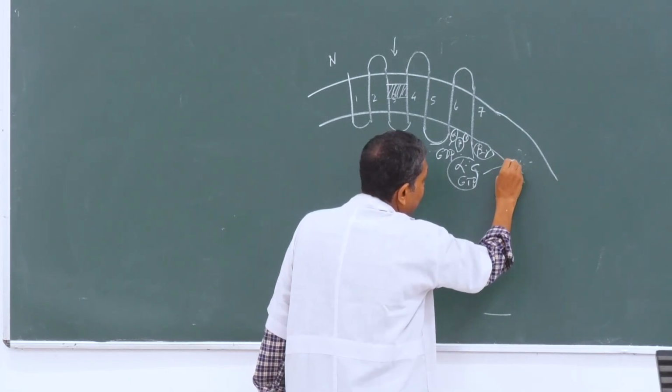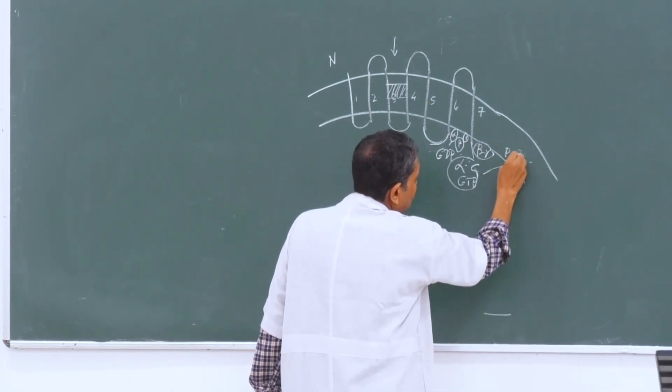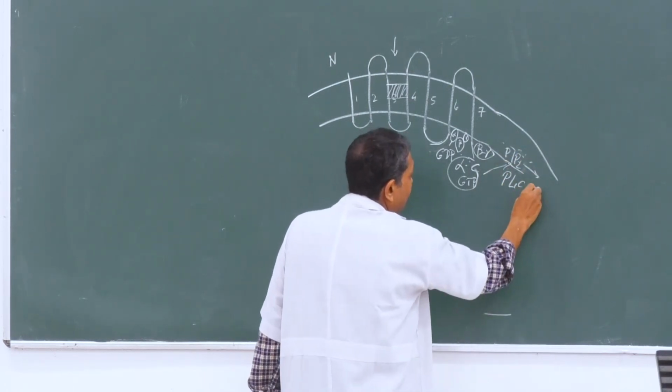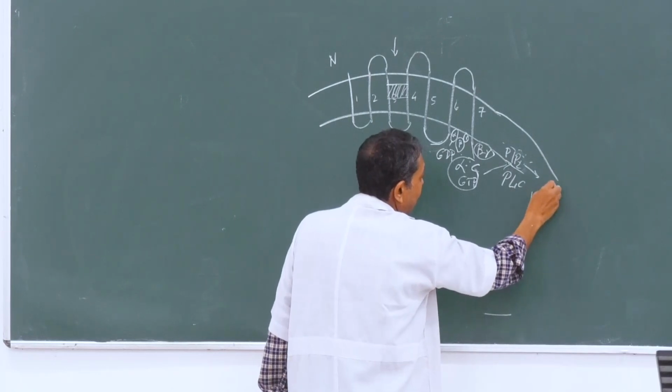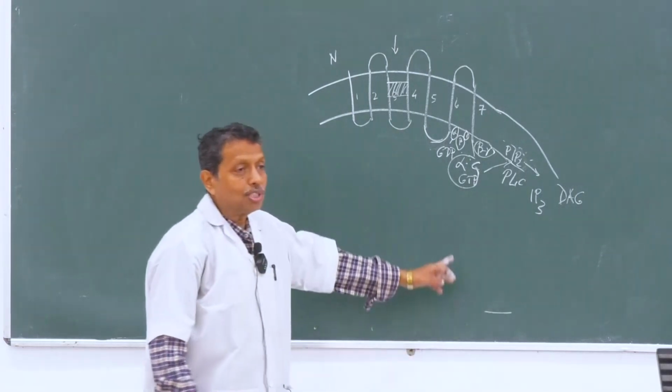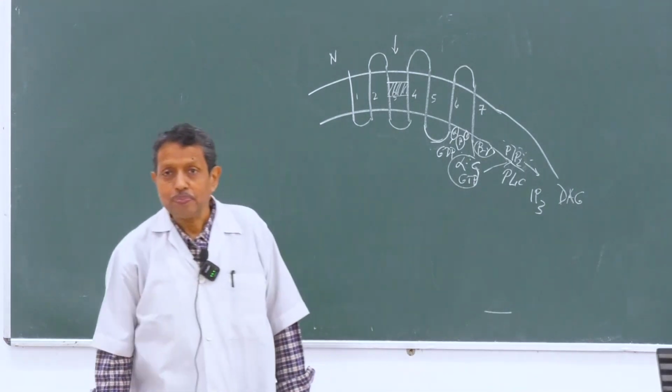Then PIP2 in the inner lamella is converted into IP3 and DAG, diacylglycerol and inositol triphosphate.